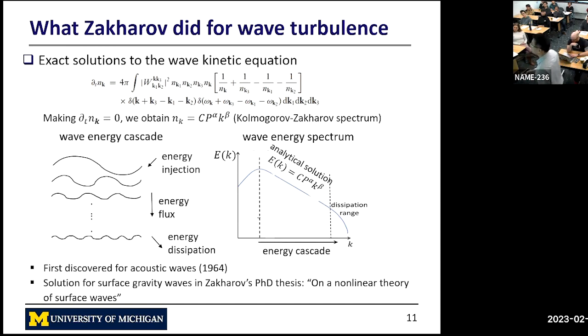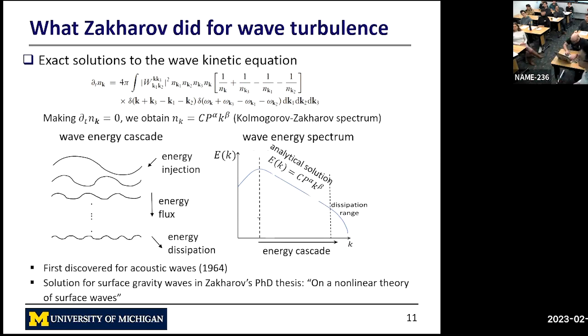We have some inertial range where the analytical solution exists. It looks like C times P to the power of alpha and k to the power of beta, which can be derived for different wave systems. The first solution of this type was discovered by Zakharov when he was a PhD student in 1964.